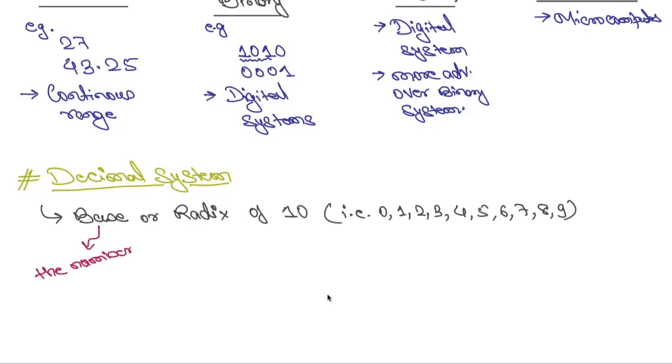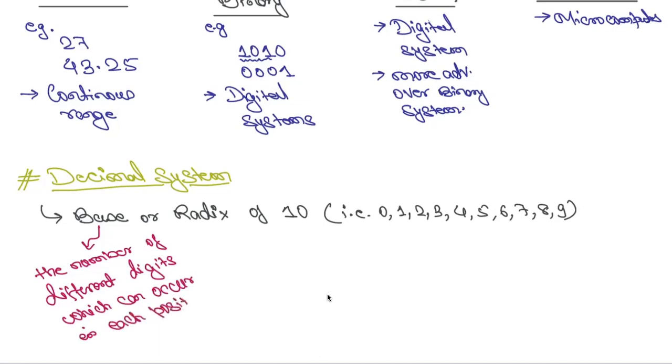These terminologies will be used in your question paper. It is the number of different digits which can occur in each position in the number.